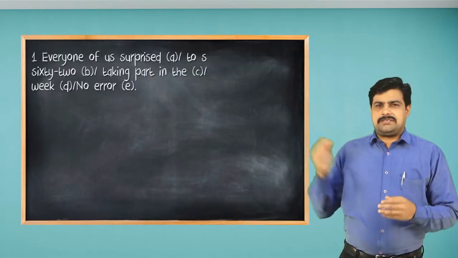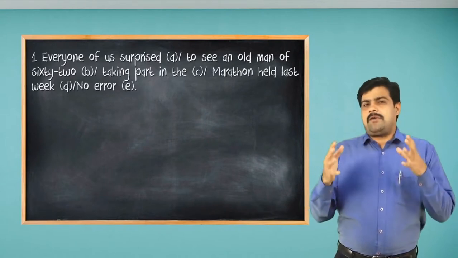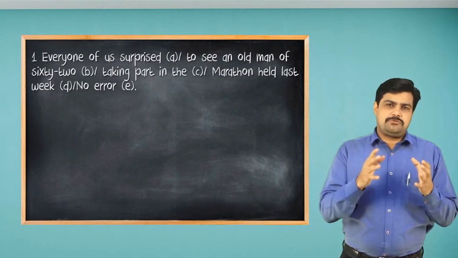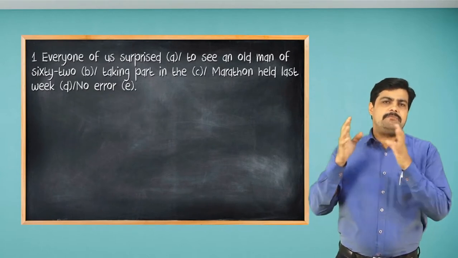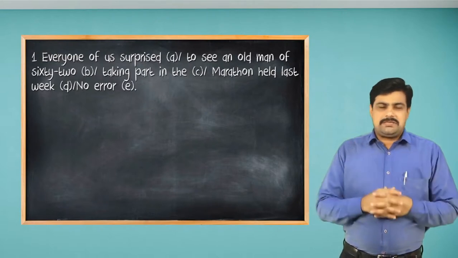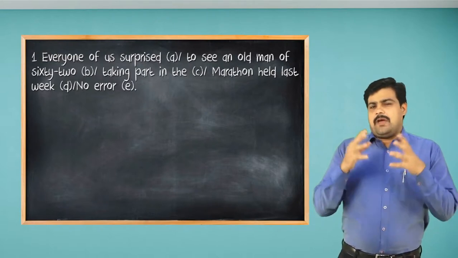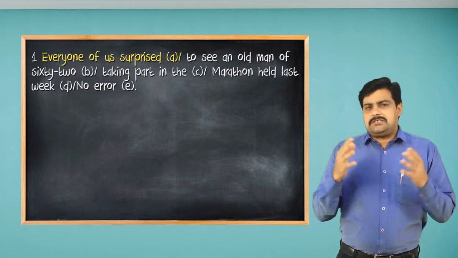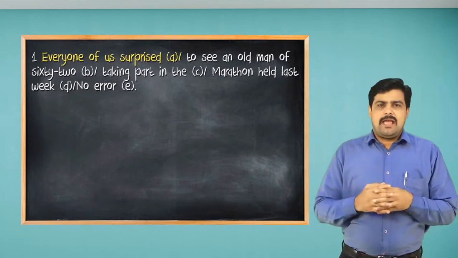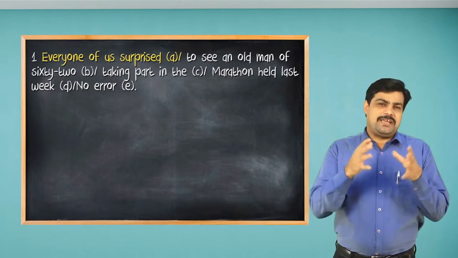Let's take the first sentence. Every one of us surprised to see an old man of 62 taking part in the marathon held last week. What is the mistake in this sentence? Well, part A of this sentence is wrong because the sentence is in passive voice and no helping verb is used here.